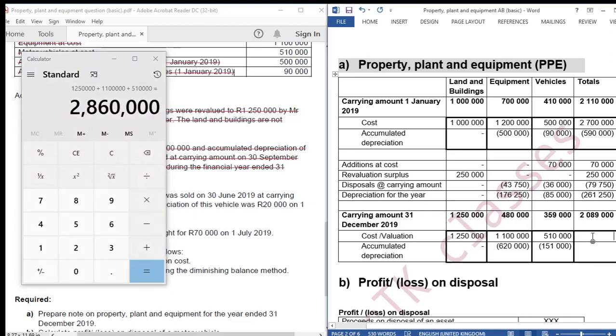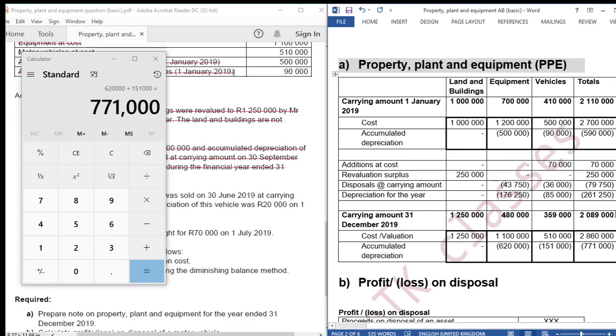That's 2,860,000. Then here, 620,000 plus 151,000. That's 771,000.